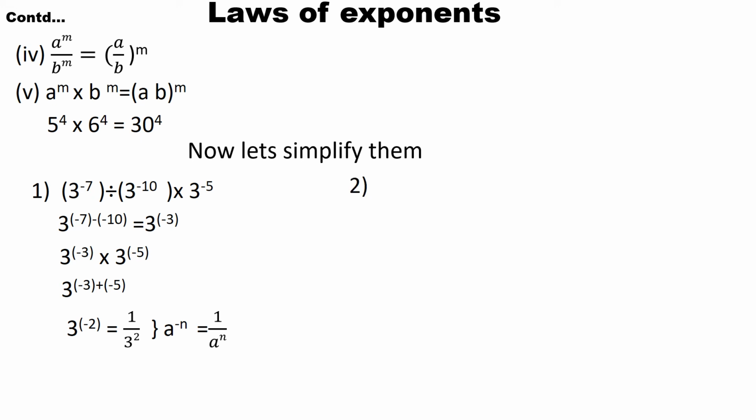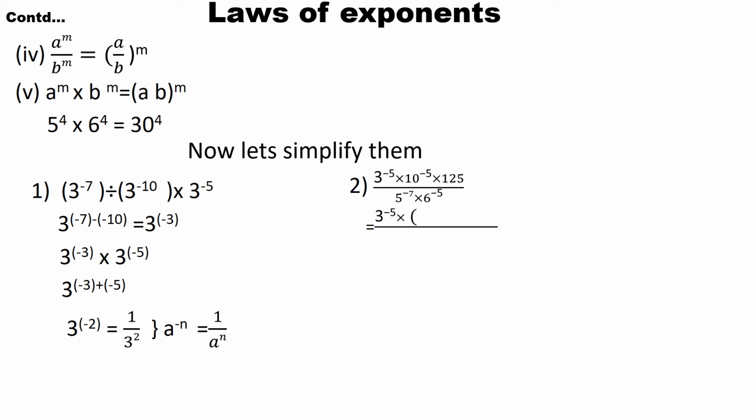Now let's solve another problem, that is 3^(-5) into 10^(-5) into 125 by 5^(-7) into 6^(-5). So we have to simplify them, right?